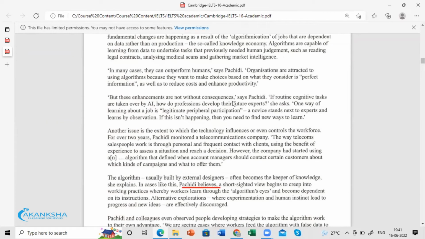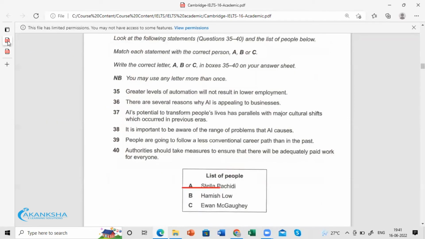So it can actually help businesses, and they can be appealing to them. There are several reasons why AI can be. So this is what he is trying to say. I mean, he is talking positively about this. And that's why you can say that 36 could be matched with A.